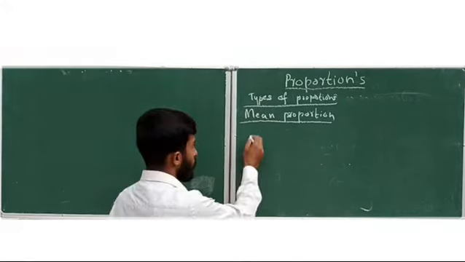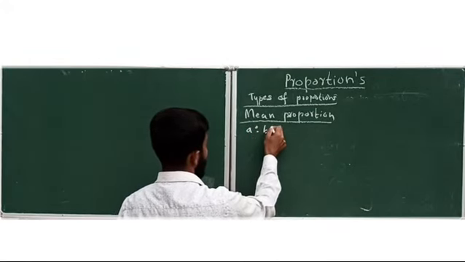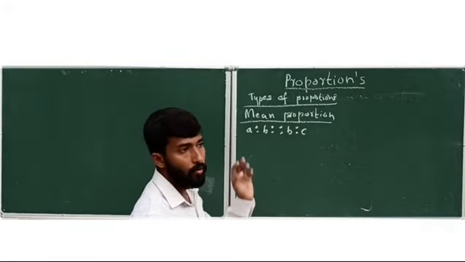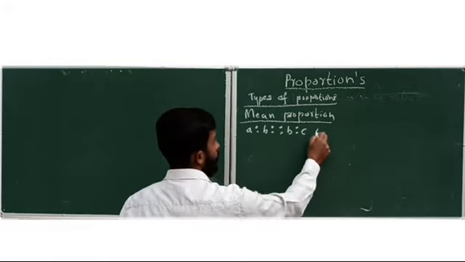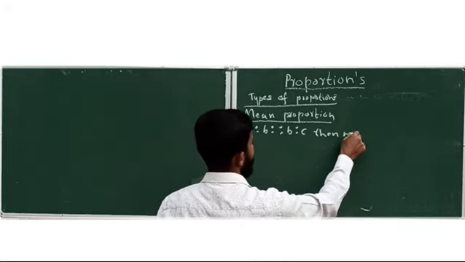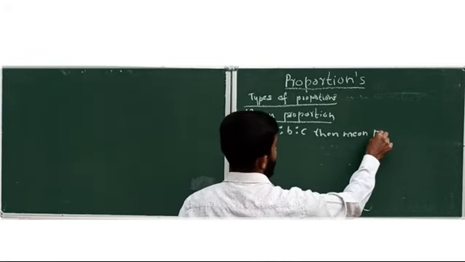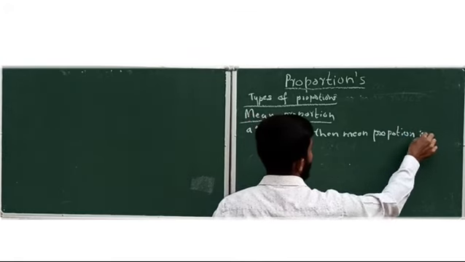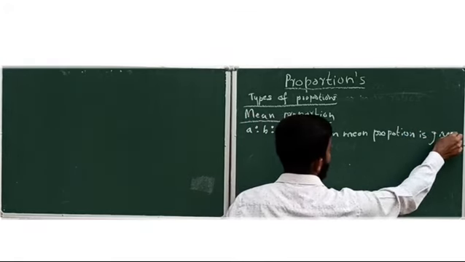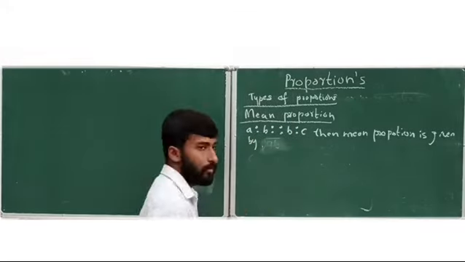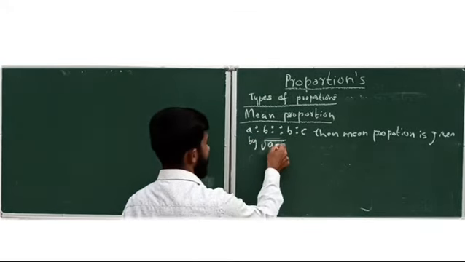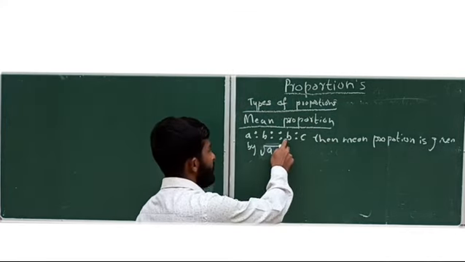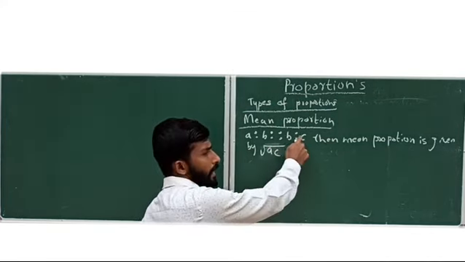I am considering A ratio B is proportional to B ratio C, that is, A ratio B is equal to B ratio C. Then the mean proportion is given by the square root of AC. That means here B is the mean proportional to A and C.